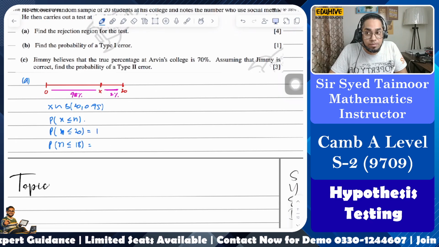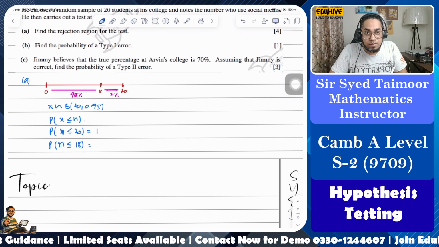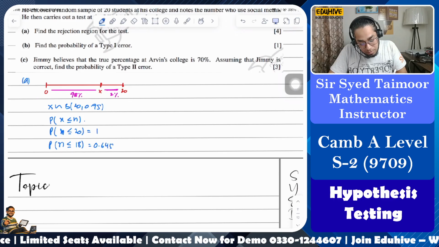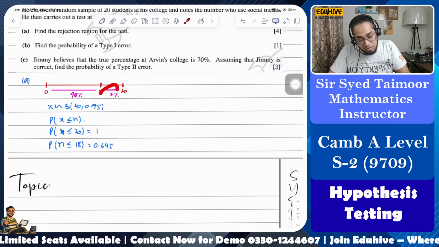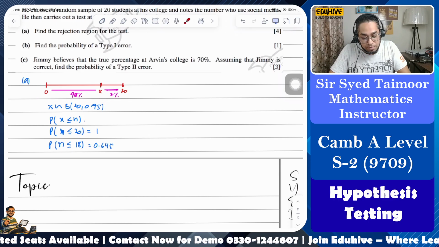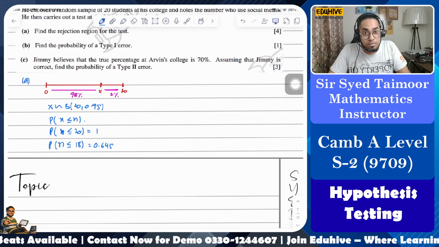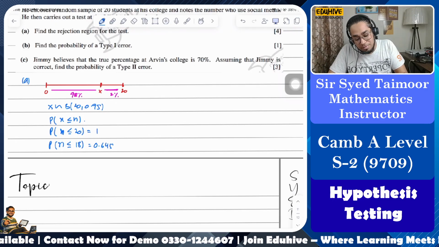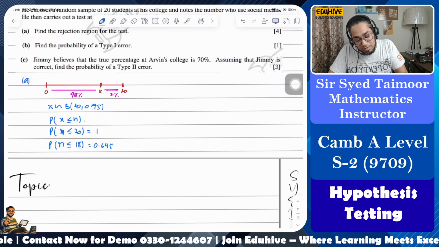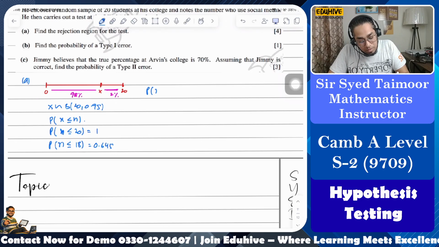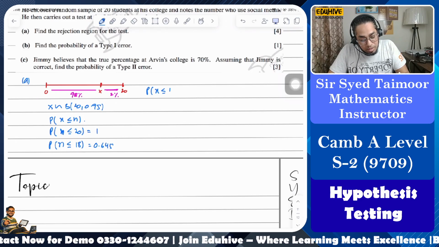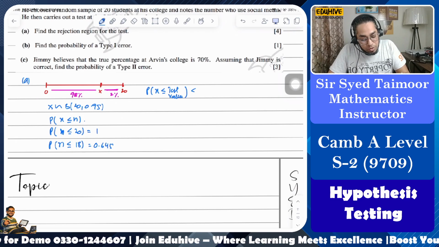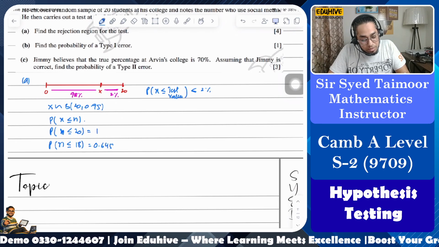X less than the test value should be below 2%.